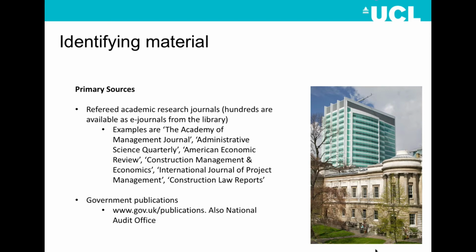Some examples of the academic journals are the Academy of Management Journal, Construction Management and Economics, the International Journal of Project Management, and many more. Obviously, you will find specific research journals which are more relevant for your particular topic.